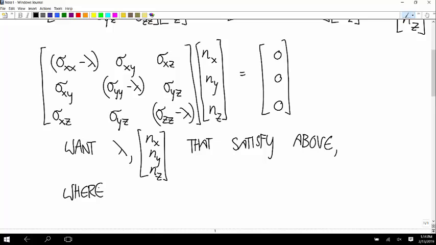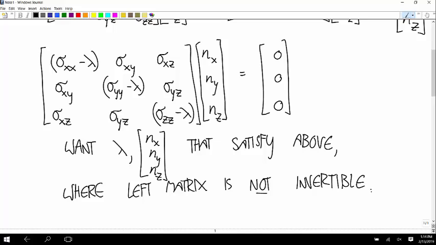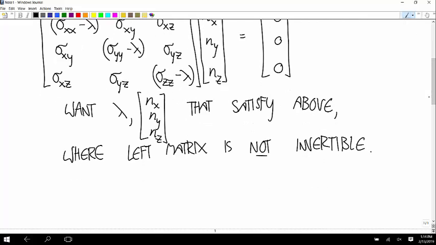So the left matrix is not invertible. Anybody remember the rule for what has to be true of a matrix if it's not invertible? Anybody ever seen that in linear algebra? The determinant has to be equal to 0.